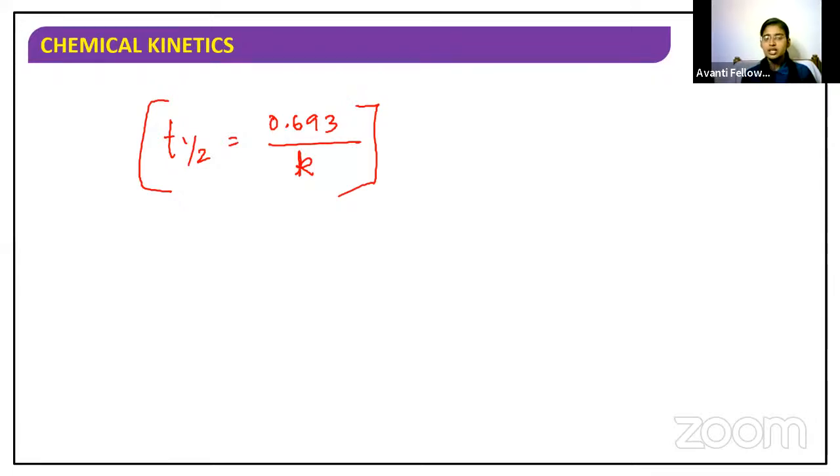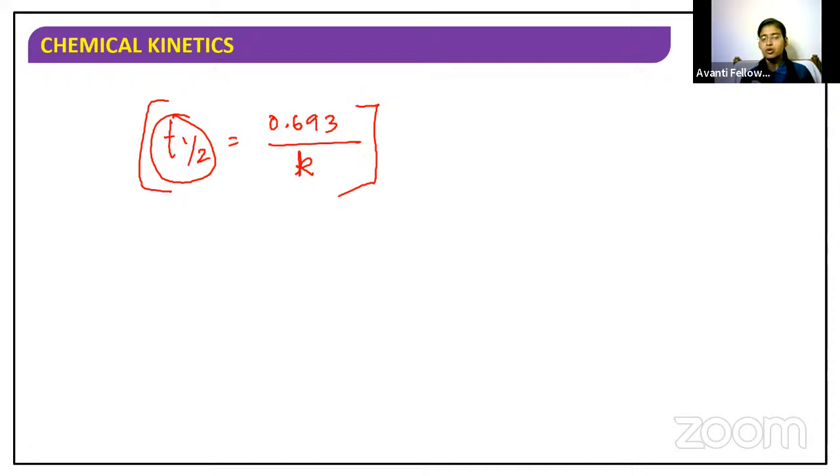So for first order reaction, the half-life is independent of the initial concentration. But if you look into the formula for zero order reaction half-life, there you can find the concentration term in the numerator. Means the T half for zero order reaction is dependent on the concentration.